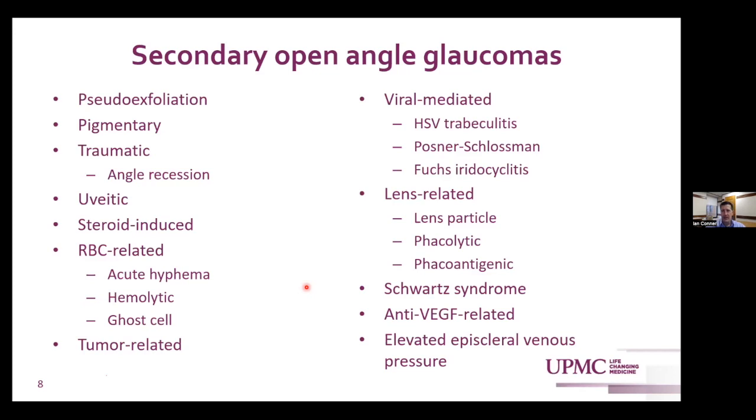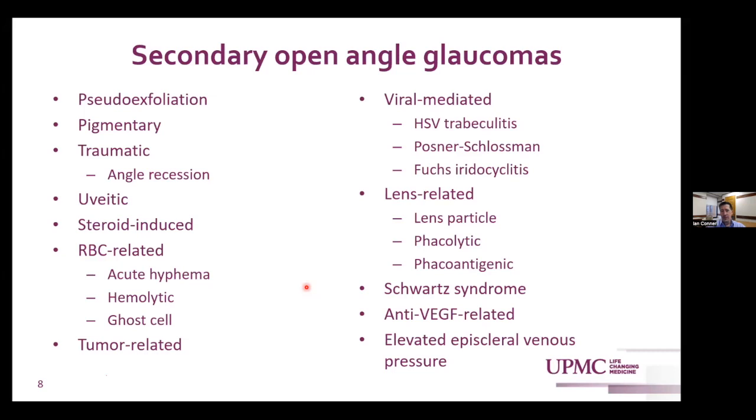When we examine them, we can identify that they've got pseudoexfoliation or pigmentary dispersion, or maybe they've got angle recession suggesting previous trauma. They've got a history of uveitis. They have some posterior synechia that suggests previous episodes of iridocyclitis, or they have a history of steroid use that's caused their pressure to become elevated for other diseases, rheumatologic diseases and things like that.